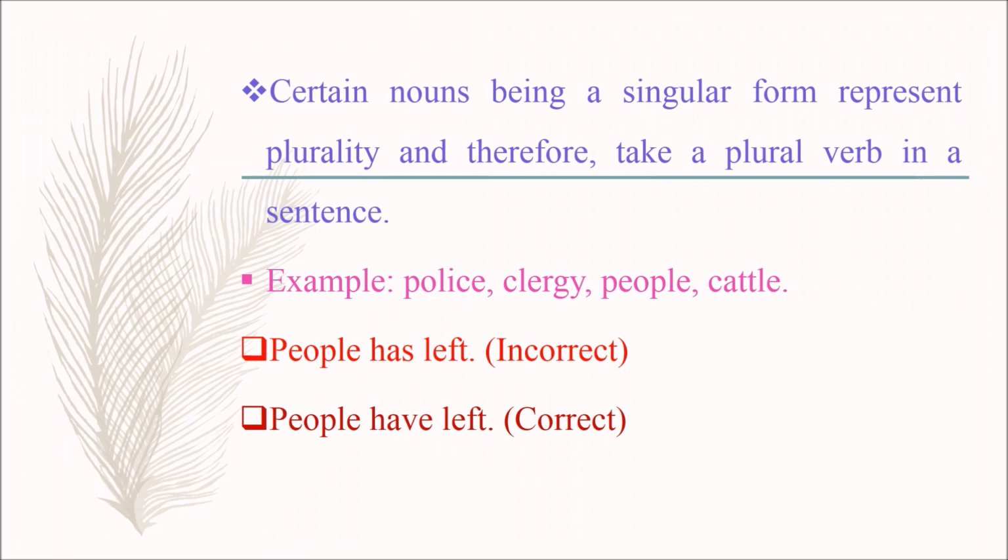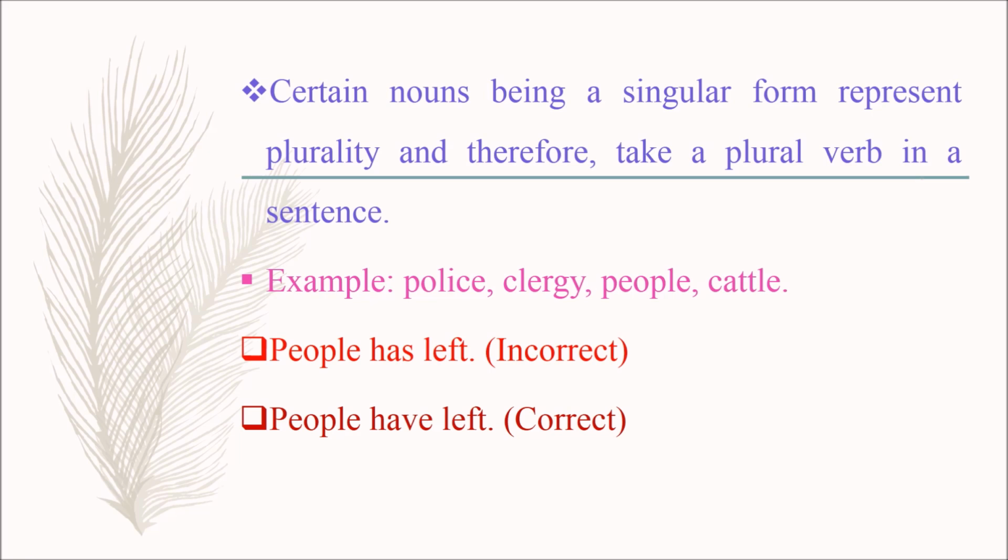Let's see the next rule. Certain nouns, being a singular form, represent plurality and therefore take a plural verb in a sentence. Let me read it again. Certain nouns, being a singular form, represent plurality and therefore take a plural verb in a sentence. Examples: police, clergy, people, cattle.